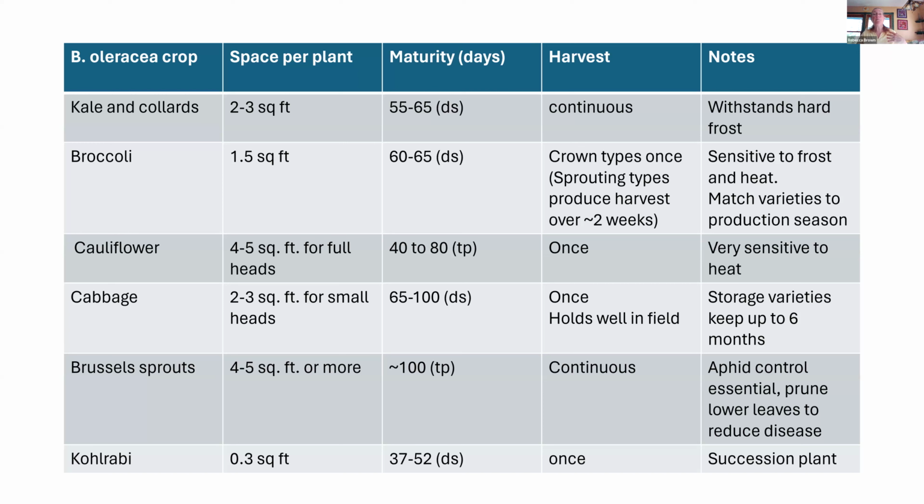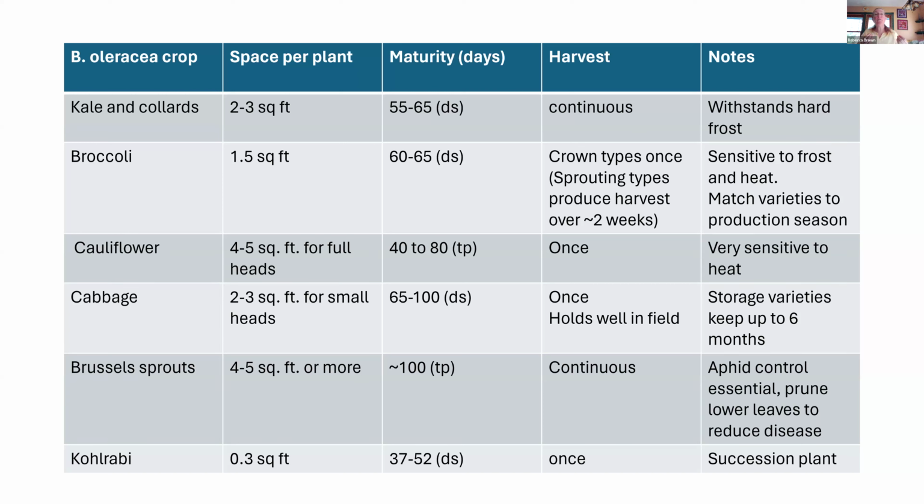Another thing to remember with these crops is that it may be tempting to dedicate one space, one section in your field to this species. But you actually don't want to do that, because some of these you're going to be succession planting.